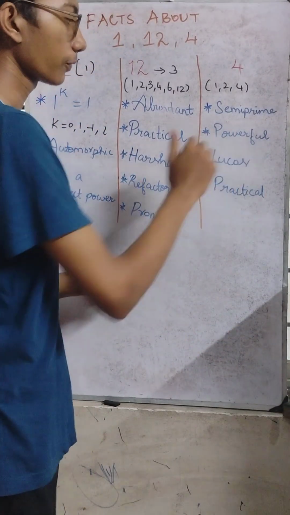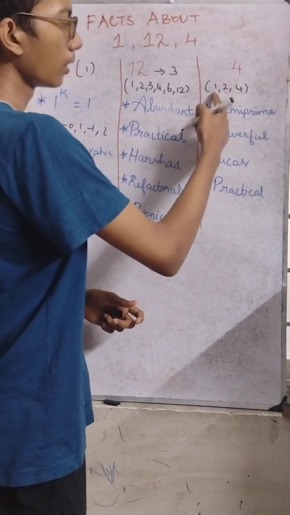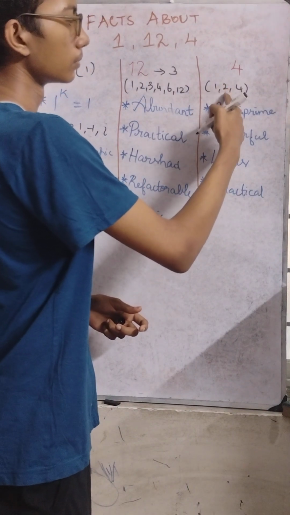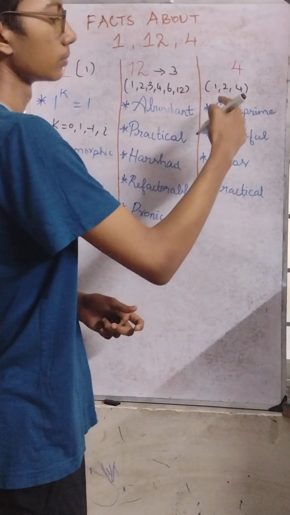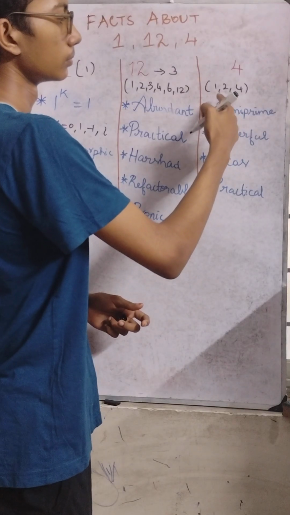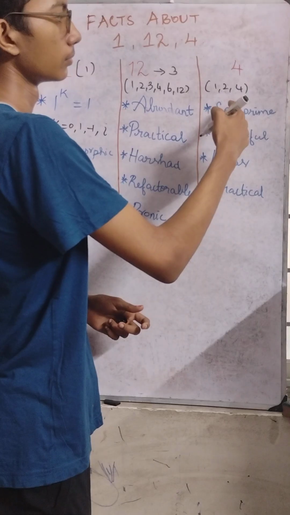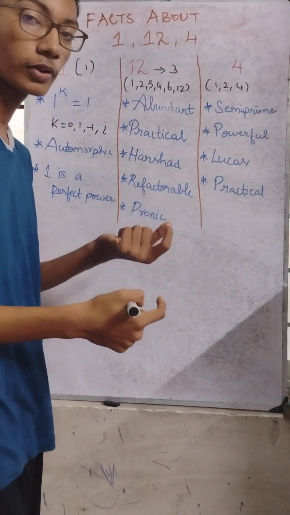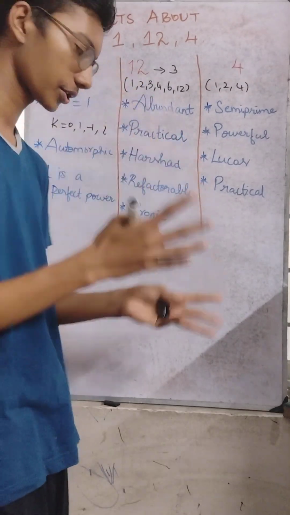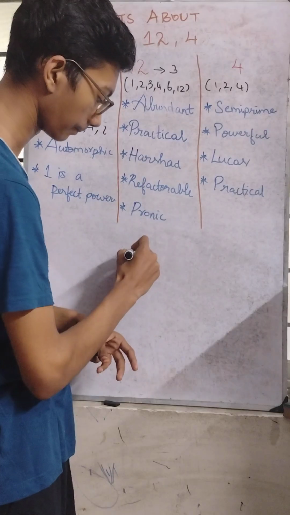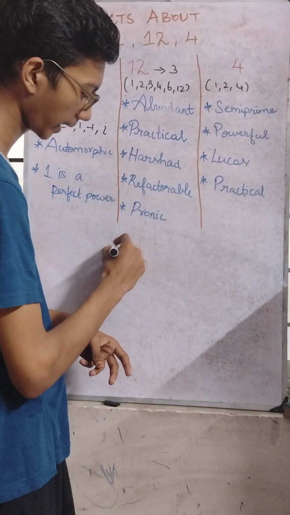Now the powerful number. Okay, a powerful number is a very interesting number, because let's say A is a number.